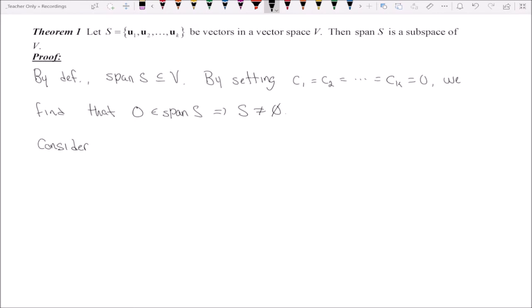So let's consider two vectors, call them V and W, that are in the span of S, rather. Then what this means is we can write V as a linear combination of u1 through uk, of the vectors in S, and we can write W as a linear combination of the same vectors.